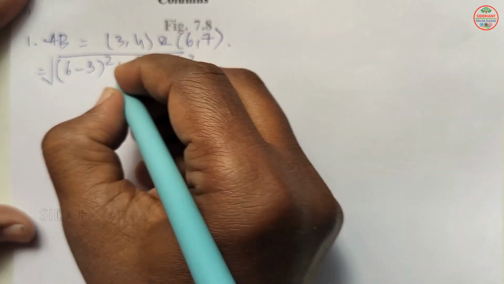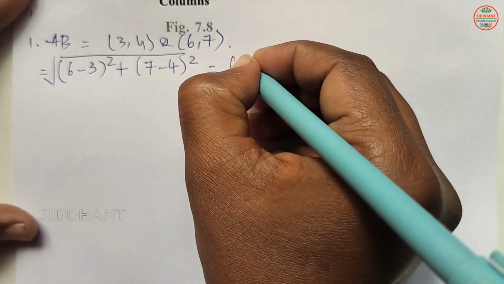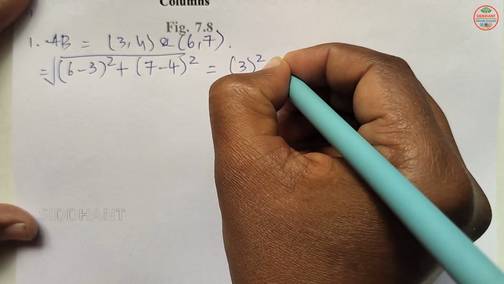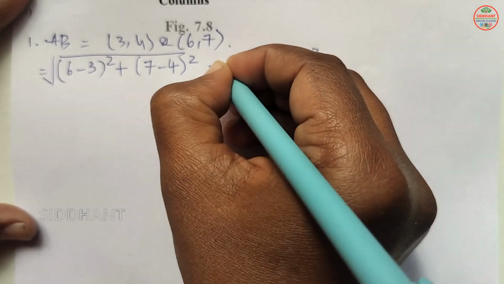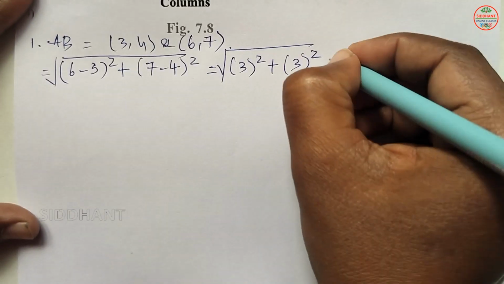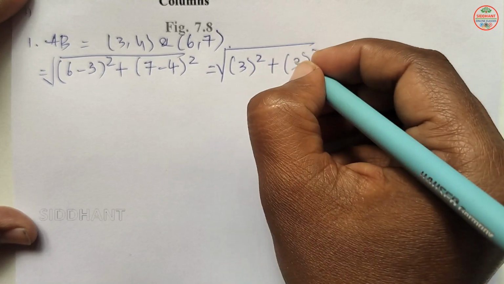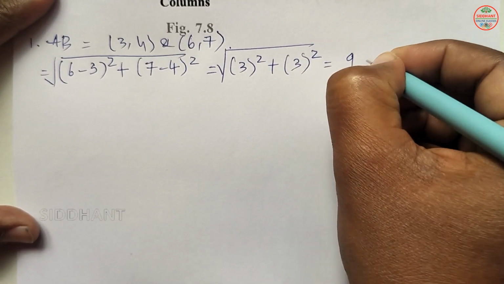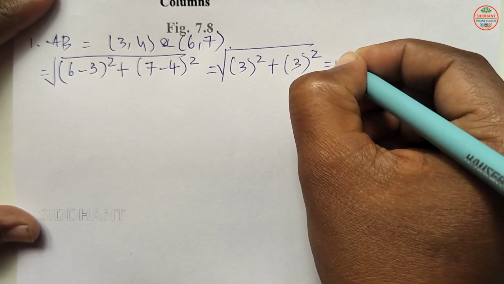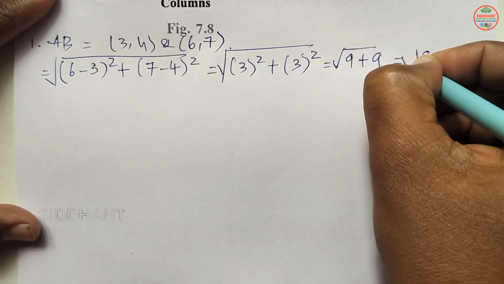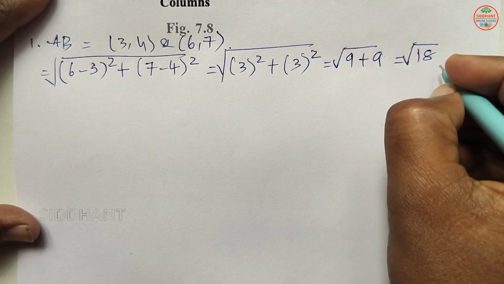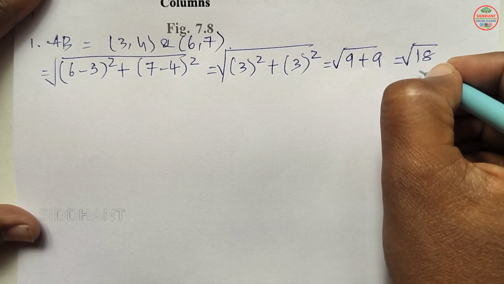So that will be equal to 6 minus 3, which will be 3 here, plus 7 minus 4, which will be 3 here. So that will be equal to 3 square 9 plus 9 square root, that is equal to square root 18. The distance between AB is root 18 here.